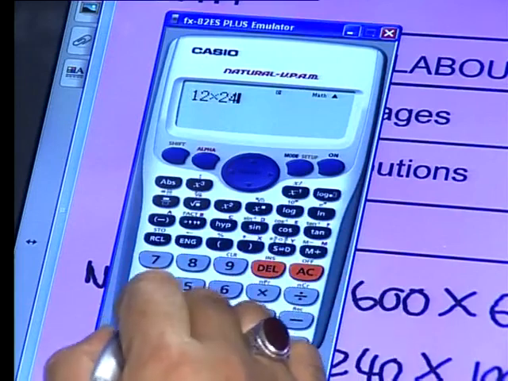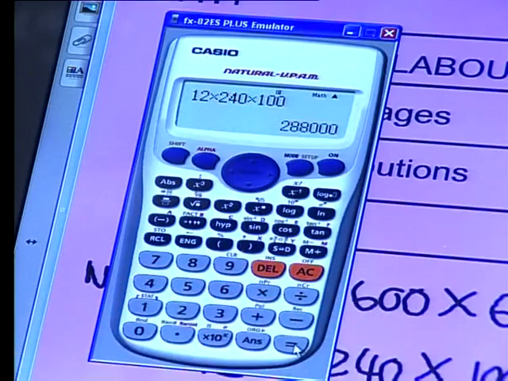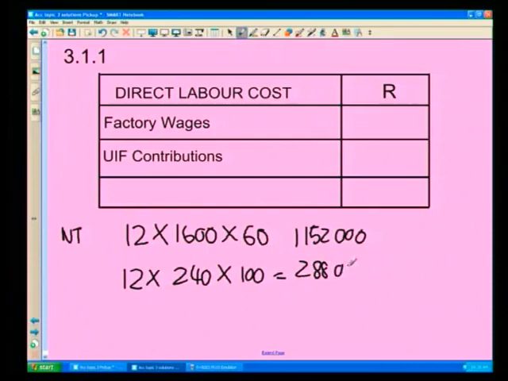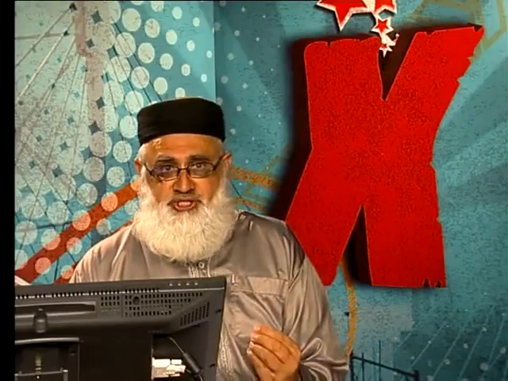Let's do that calculation, and we find that we have now 12 workers times 240, number of workers times the rate. There goes, 288,000. Immediately I now do what? I add my normal time plus my overtime, and if I add that together, I'm going to get a figure of 1,440,000.